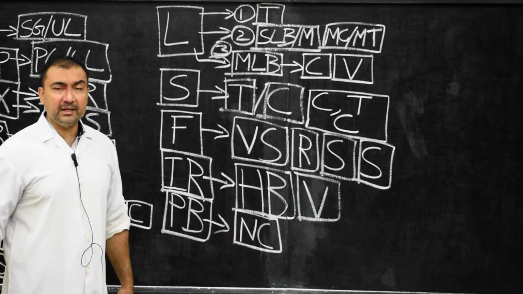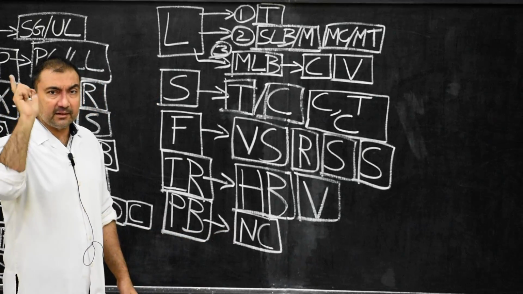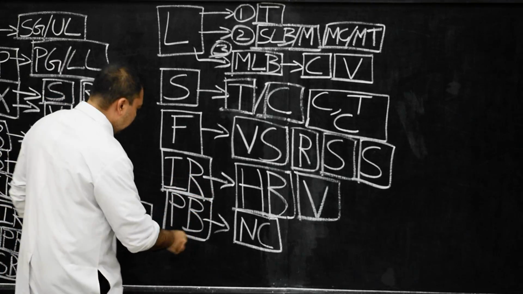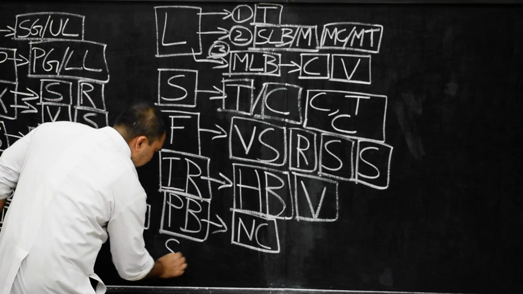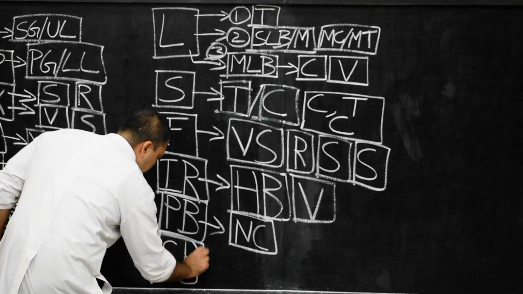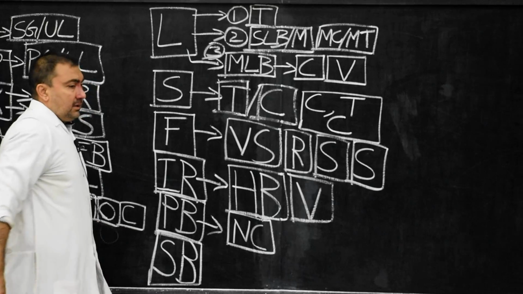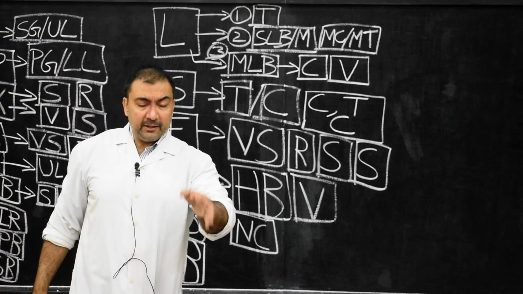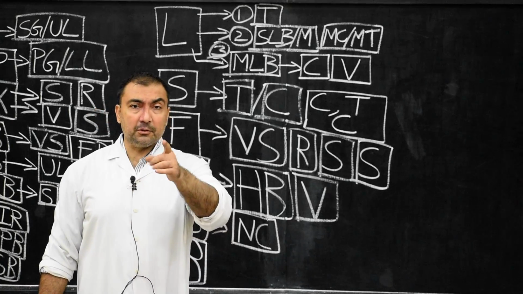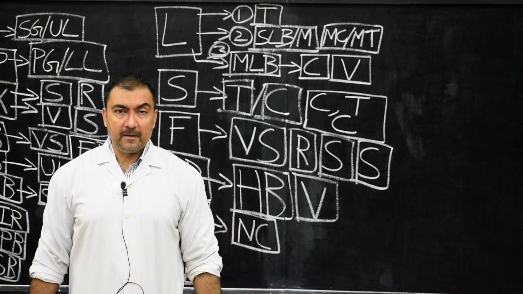After pneumatic bones, we come to the most important category, very important. That category I will write here: sesamoid bones. Very often sesamoid bones are asked as an individual short note also. Write a short note on sesamoid bones.